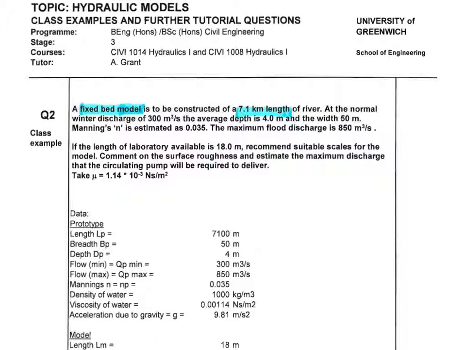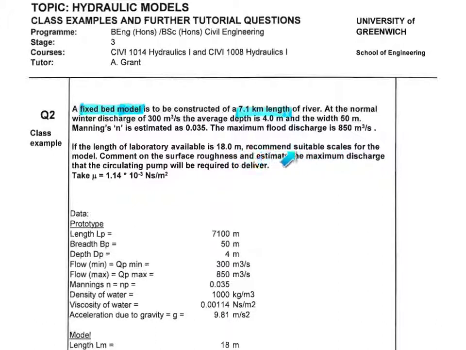Now, the questions always take the form of recommend suitable scales. And to do that, it's very easy to work out values for x and y, but then we have to justify them. And the key aspect we have to check in order to justify our choice of scales is the Reynolds number of the model flow.